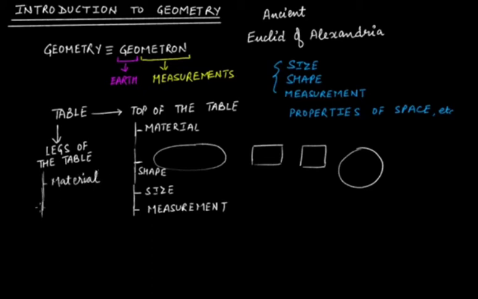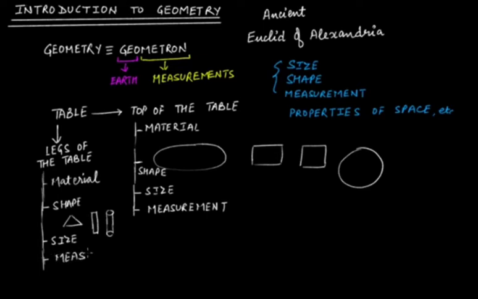Then again you will decide the shape, whether the legs will be of this shape, or this shape, or round shaped mixed with a flat one. Then in order to build this shape you'll think of size, and when you have decided the size, you'll go for the measurement.